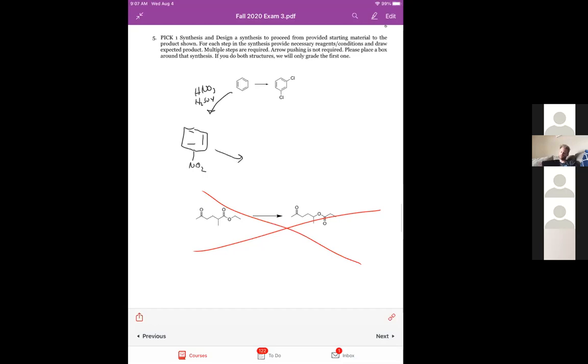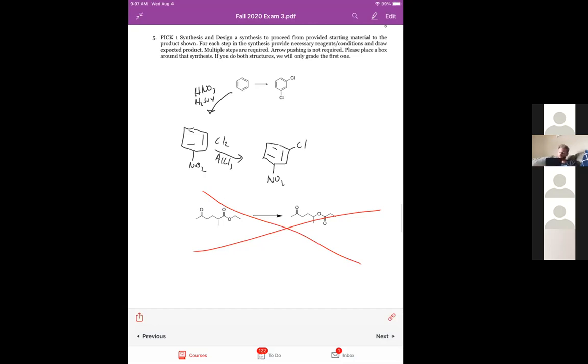From here, if I want to throw in Cl2, AlCl3, I can get these two meta to each other. Now I have to turn this NO2 into a Cl.